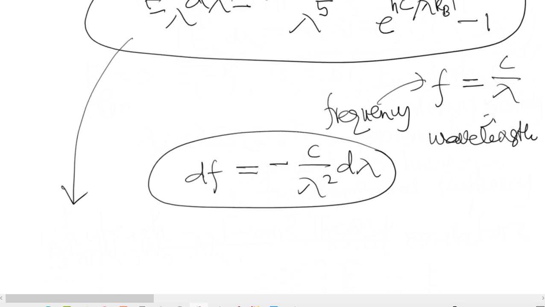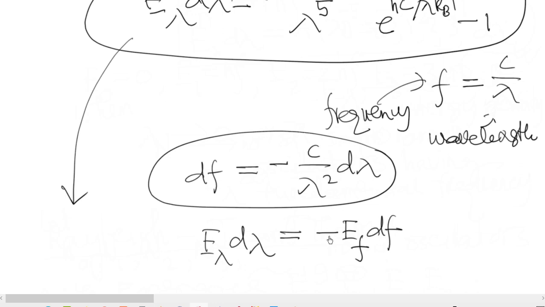And also we'll have to use this. This is the minus sign, because this is spectral energy density with respect to lambda.